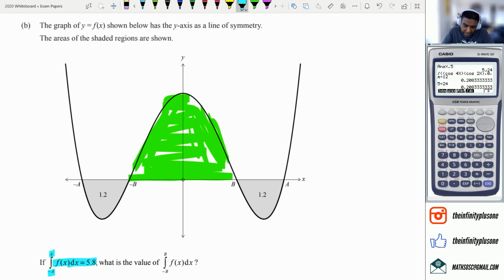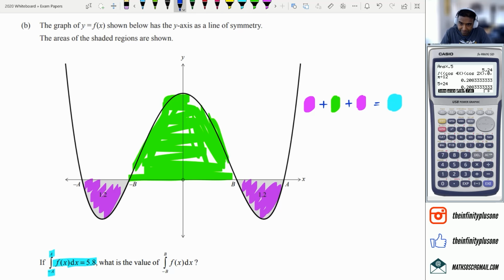If it's a and negative a, what that basically means is, I'm just going to color these in pink right now, just so you get an idea. So basically, we've got the first lot of pink area plus the green area plus the second lot of pink area equals whatever their blue value is. So we got that plus that equals this.